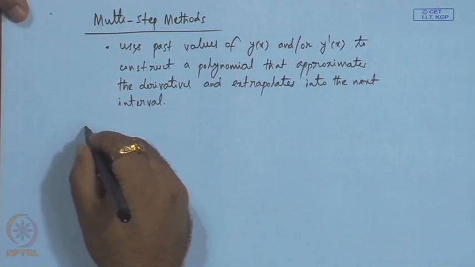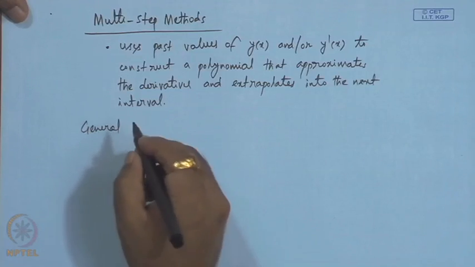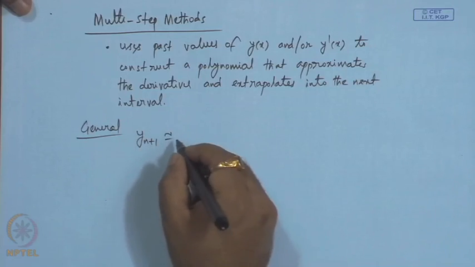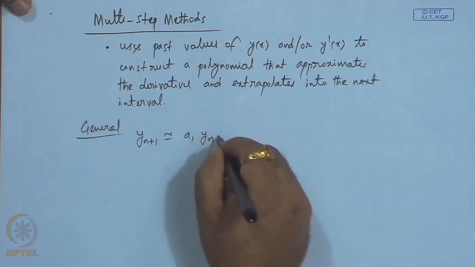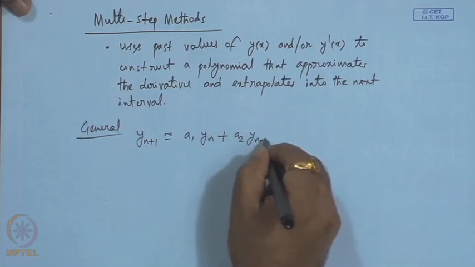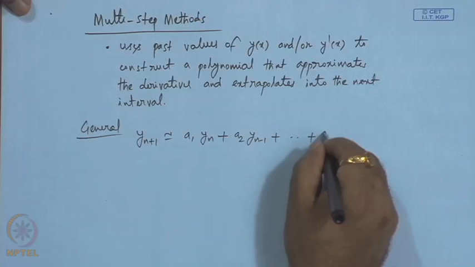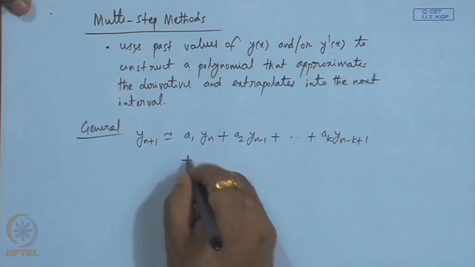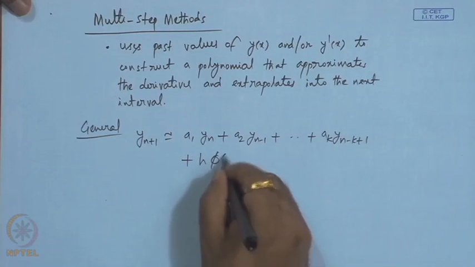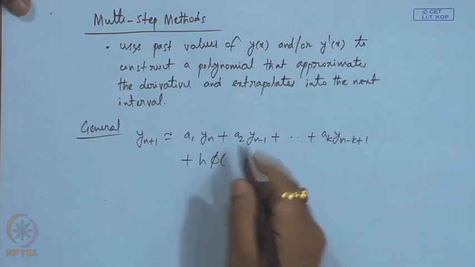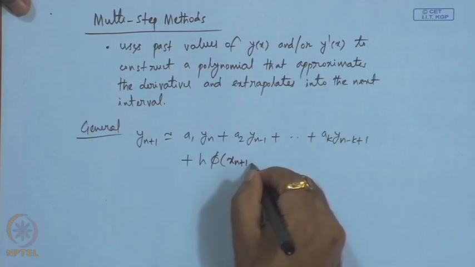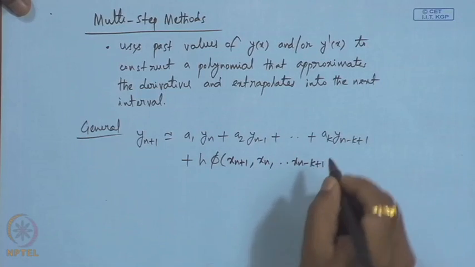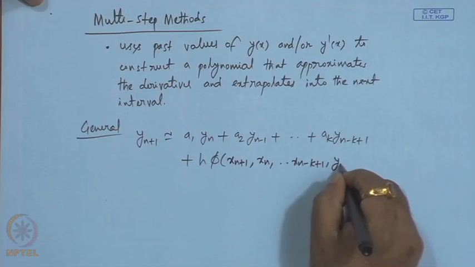So, what is the general method? y n plus 1 equals, plus h times some function phi of x n plus 1, x n, and so on, then the derivative terms.